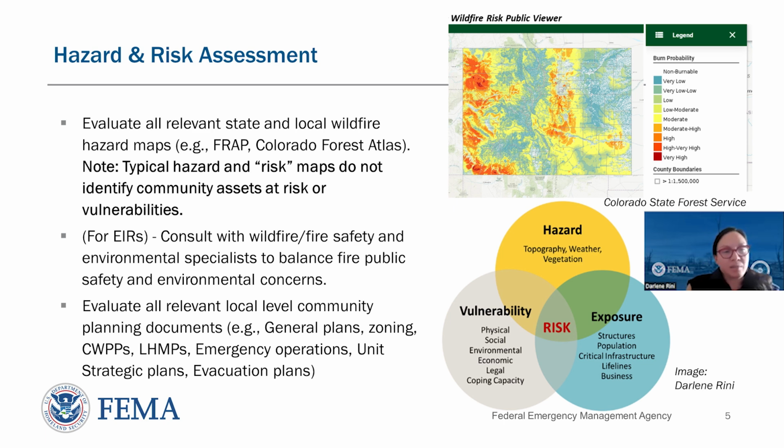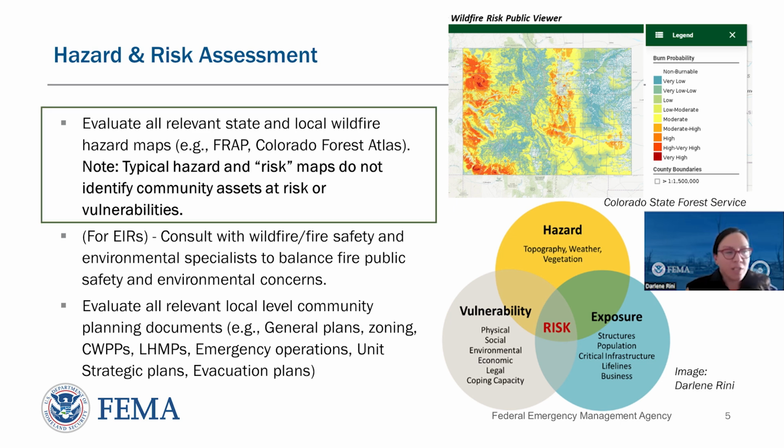This process typically starts with first consulting state and local level wildfire hazard maps. For California, this would be the fire hazard severity zone maps produced by CAL FIRE, as well as any other local fire hazard maps from county or even local level fire agencies.